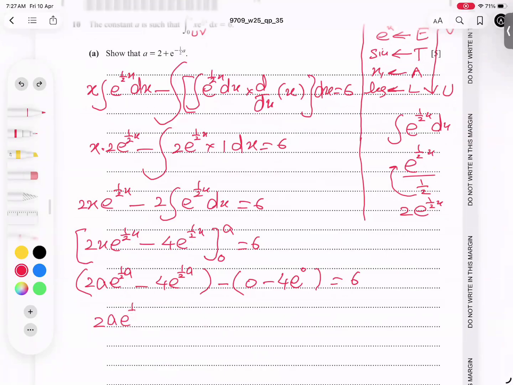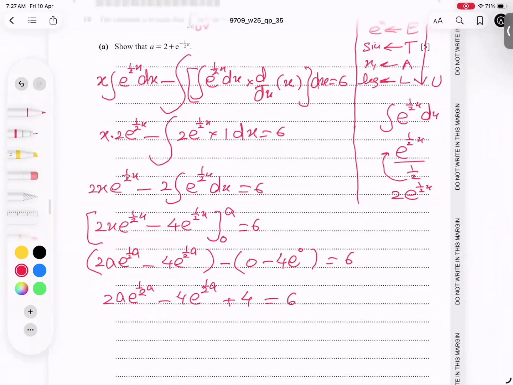Wait a minute. 4 e to power half a. Positive 4, because something to power 0 is 1. So this 4 will go on the other end. We get a 2 and divided by 2 later on, or I just do working.